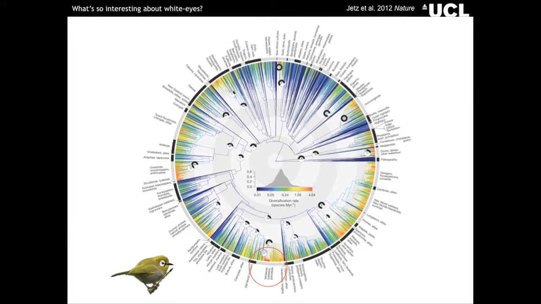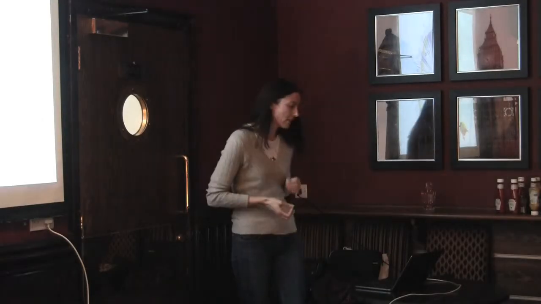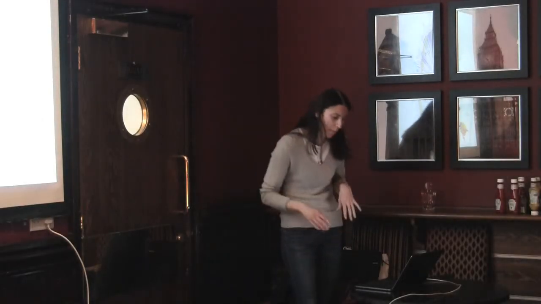In the paper by Moyle et al., which included Jared Diamond, whose popular science books some of you might have read, they found that white-eyes had one of the highest diversification rates among vertebrates, not the highest, that belongs to another group I work on, cichlid fishes, but an exceptionally high rate of diversification.